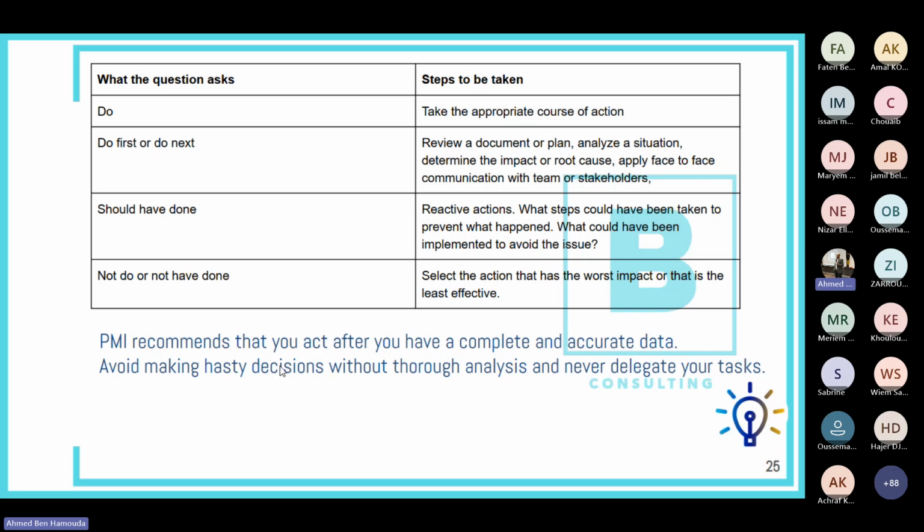So this page will help you answer a lot of questions in the exam, because a lot of questions are about do first, do next, should have done, shouldn't do, shouldn't have done. Okay, so these are most of the types of questions that are asked, and here what is the best step to take, and we will explain more in the 3rd and 4th sessions with the practice mock questions.